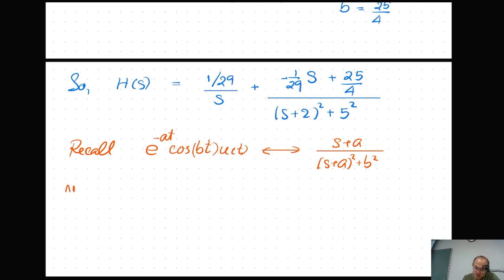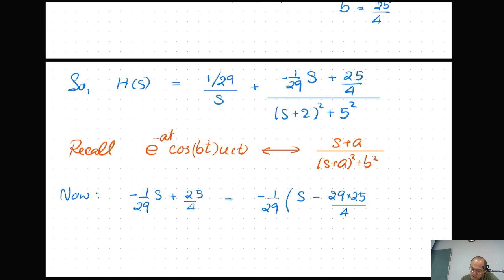Now notice that minus 1 over 29s plus 25 over 4 is equal to minus 1 over 29 times s minus 29 times 25 over 4.